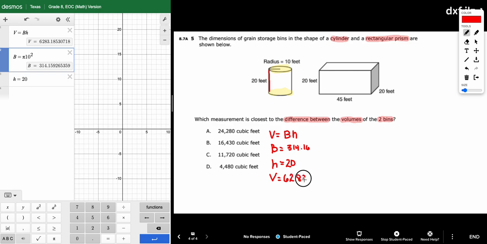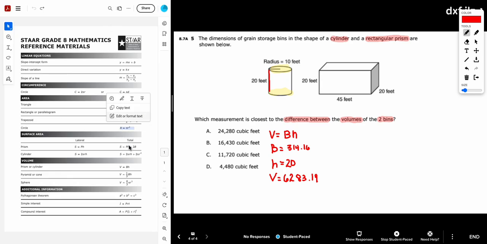6,283 and 19 hundredths. Okay, so now that I have the volume of the cylinder, I can go ahead and move on to the rectangular prism. And again, this is the same formula for a prism. V equals big B times H. Where again, I need big B and the height.